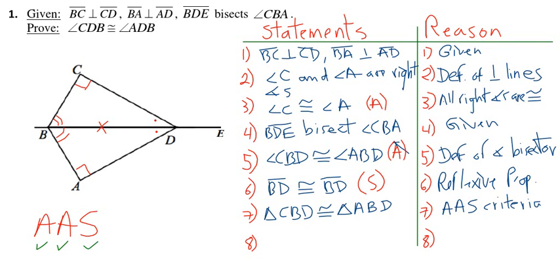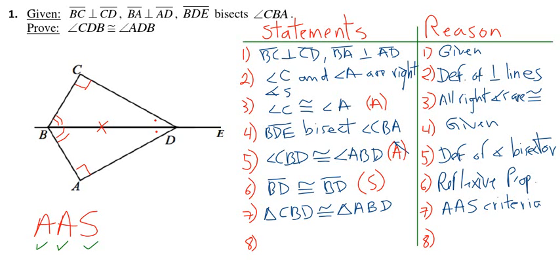So whenever you mention a criteria, you should have a pair of congruent triangles, not angles, not sides, because these criteria are not to prove congruent sides or congruent angles, they are to prove congruent triangles.